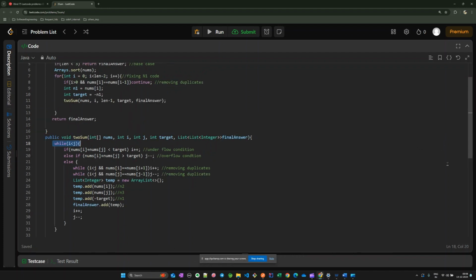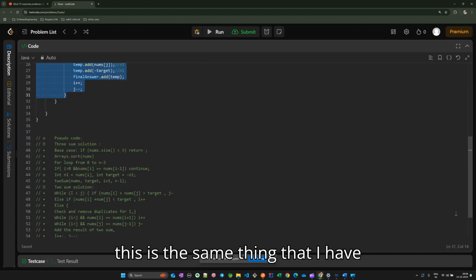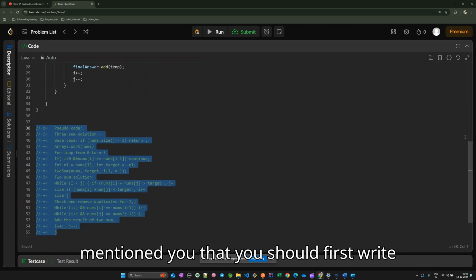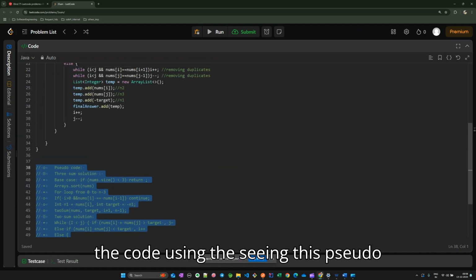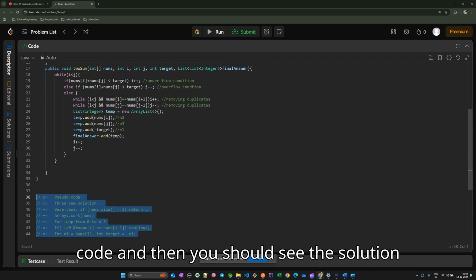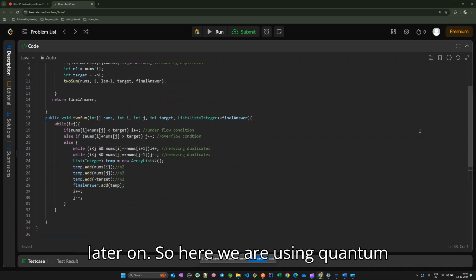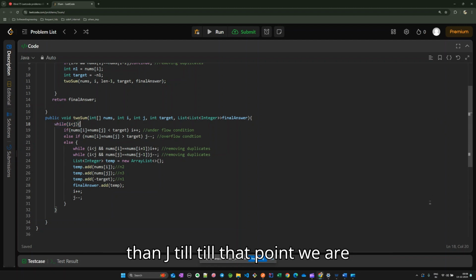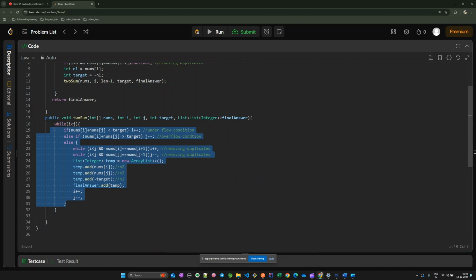Okay. Now this is the same thing that I have written in the pseudocode, and as I have mentioned, you should first write the code by seeing this pseudocode, and then you should see the solution later on. So here we are using the two pointer algorithm where i should not be greater than j. Till that point we are running this solution.